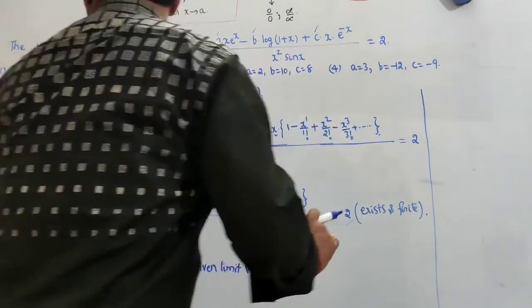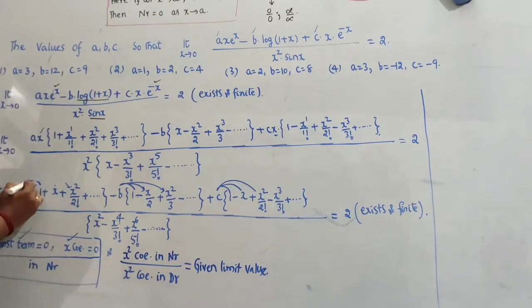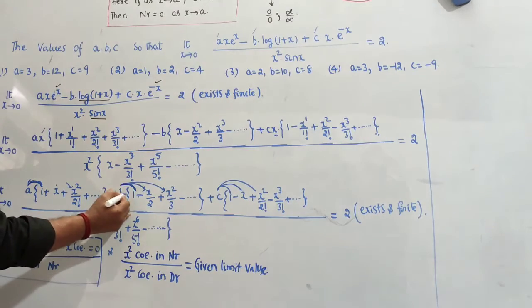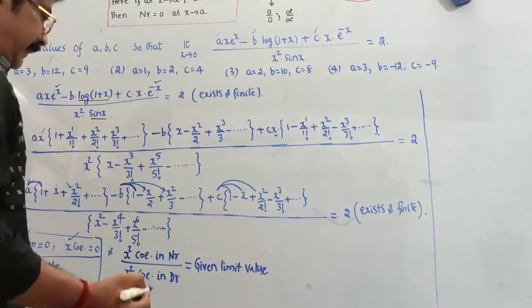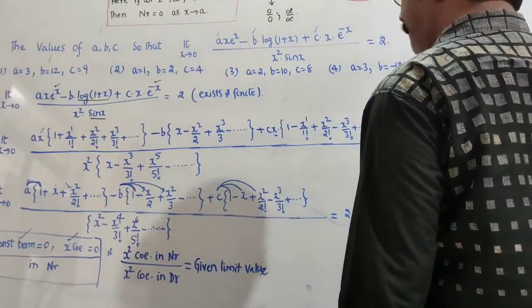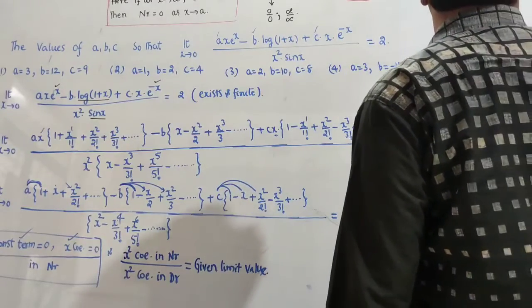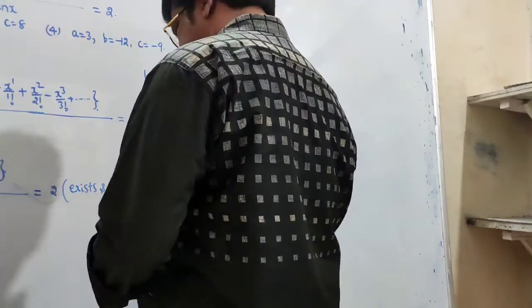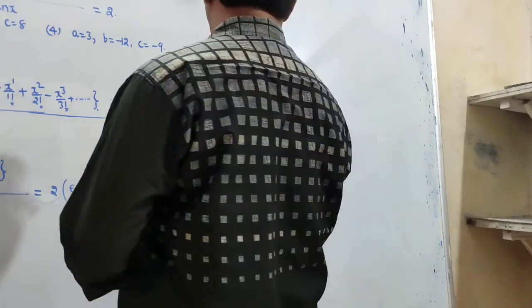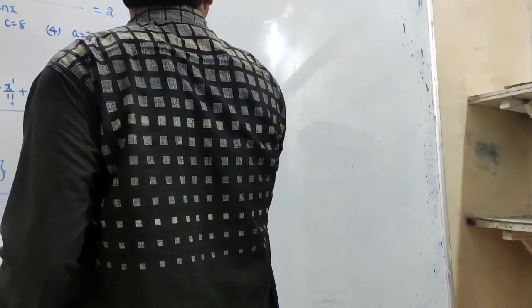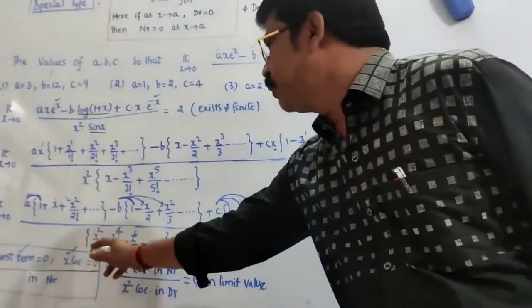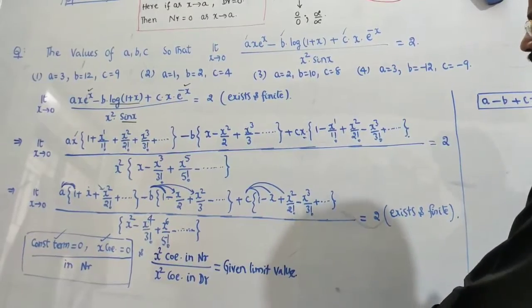So the constant term here: we are getting a into 1, a minus b into 1, minus b, c into 1, c. We are getting the constants a minus b plus c equal to 0. Let it be equation number 1. Next, the quotient of x is 0 in the numerator.